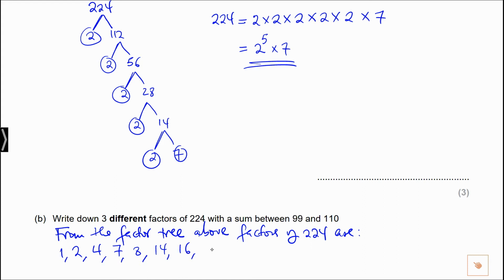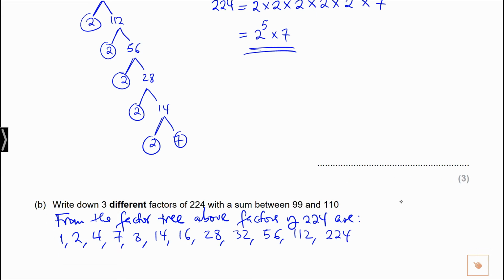That's also a factor. Then we have 4 multiplied by 7, which is 28. It's a factor. 2 to the power 5 is 32, and that's a factor. And then also we have 56, which is a factor. And then from the tree diagram, we have 112 and 224, which is a factor of itself.